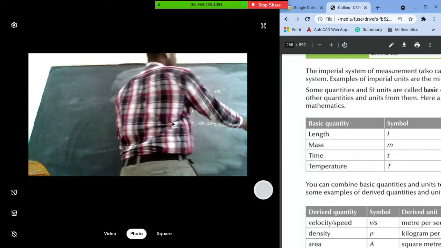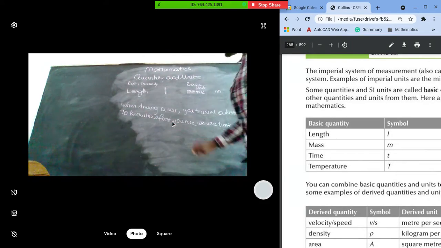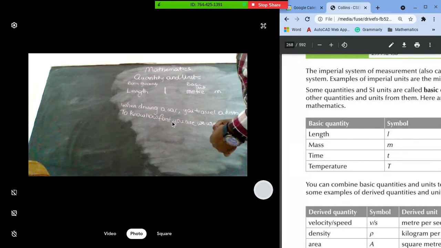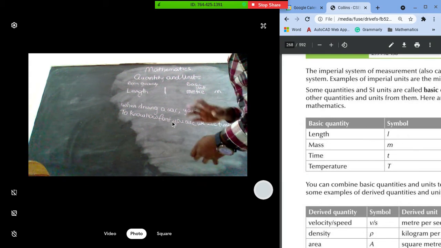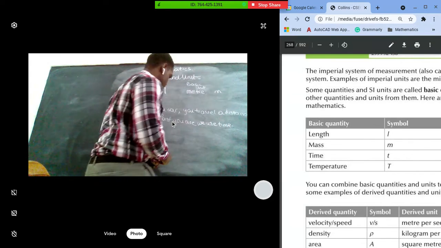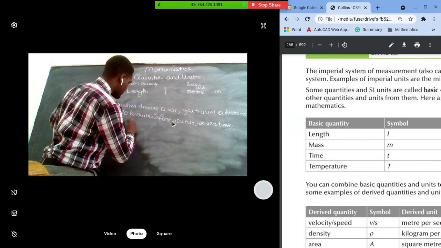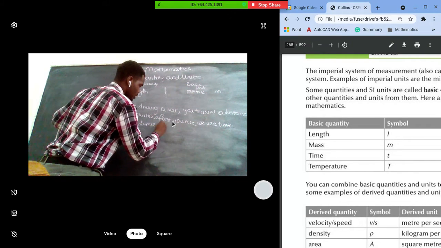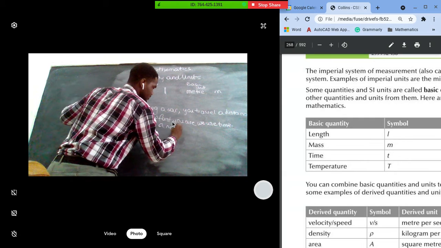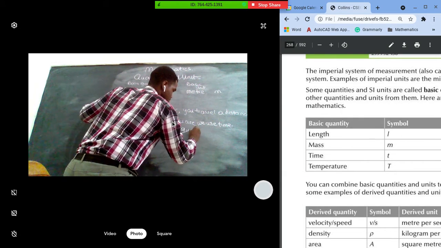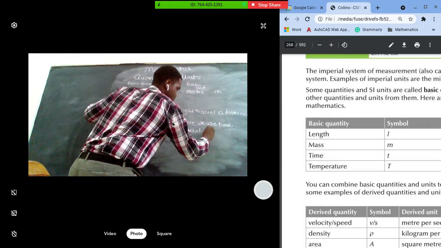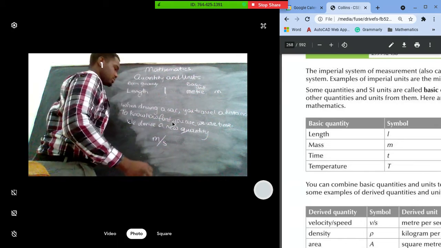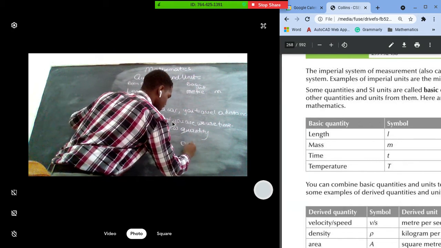So how long did it take you to travel X amount of distance? That is where we get meters per second from, or in better terms, kilometers per hour. We derive a new quantity, for example, m/s or km/hr.